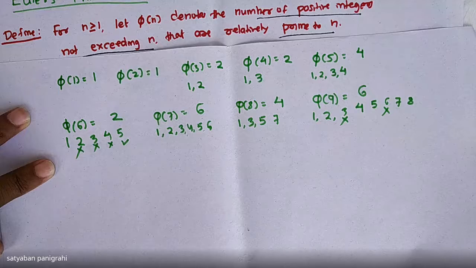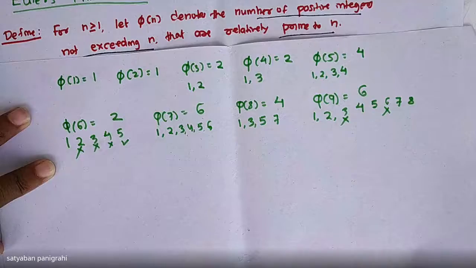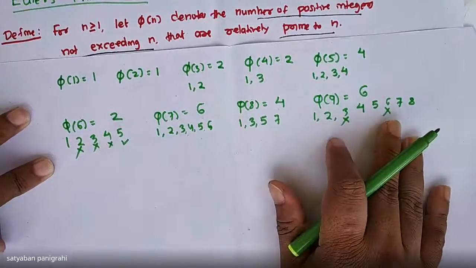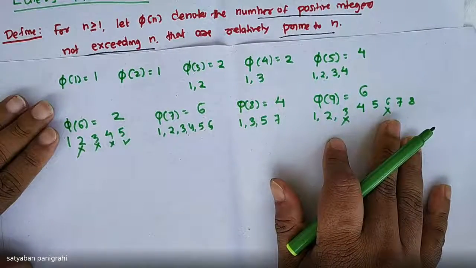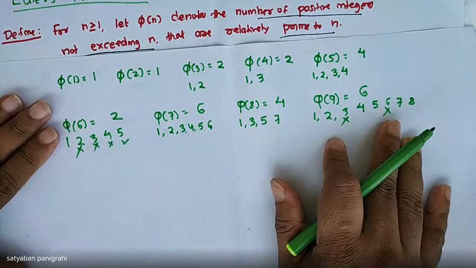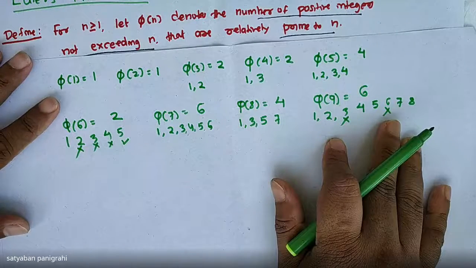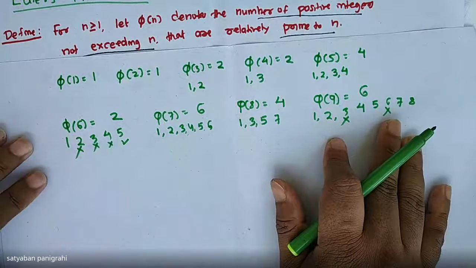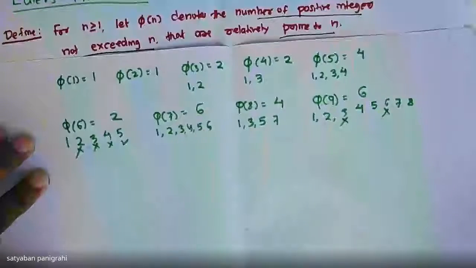Getting it? How I am calculating? In a similar way, we can compute, but this is for your information only. In future, to compute the Euler phi function, we will apply some formula. So for that, we need to prove some theory.